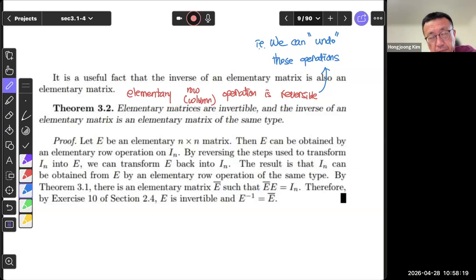And as I said, in case of the interchange operation, what is the operation which avoids the previous interchange operation? You can interchange one more time, right? If you interchange the first two rows in A matrix, when you re-interchange those two, you go back to the previous stage, right?